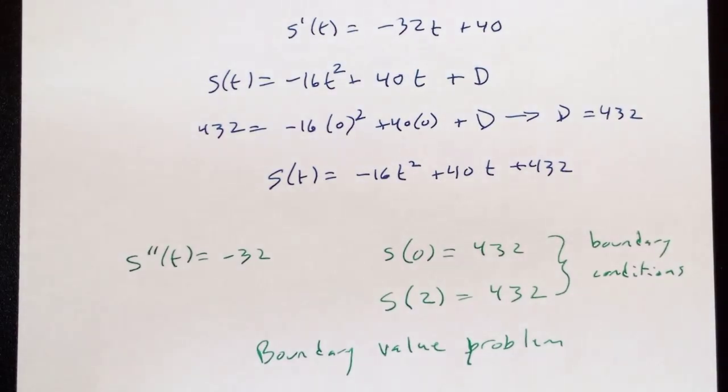So instead of actually having initial values, my initial velocity, my initial position, I now have some boundaries for my curve that I'm trying to fit it to. You need as many conditions as you have derivatives. A second order differential equation, two conditions. Whether they're initial value conditions or boundary conditions, doesn't matter.